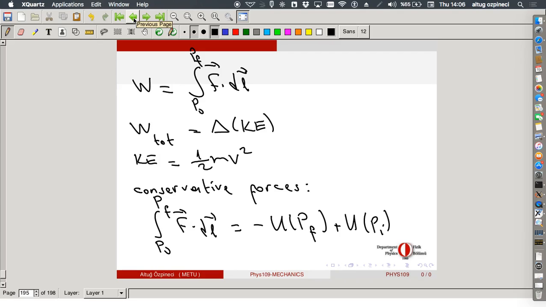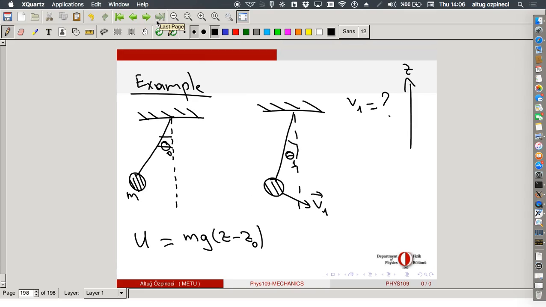We cannot directly measure the potential energy, we can only measure the difference in the potential energy. So if you just add some constant to your potential energy, it will not change the differences. That is why this point z0 is arbitrary. If you just change this z0, you are just adding or subtracting a constant to the potential energy, and that has no effect whatsoever.